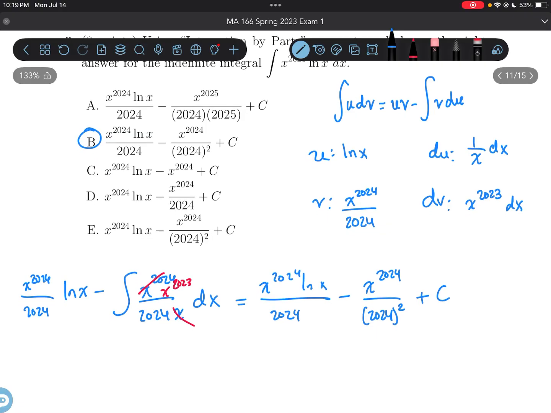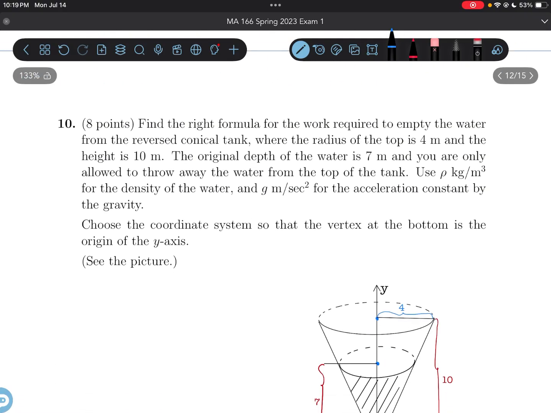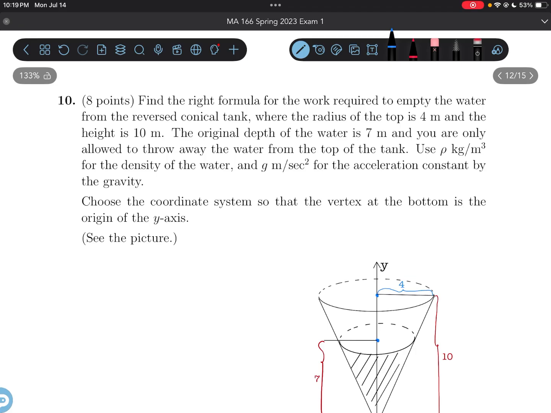Moving on to question 10. Question 10 says, find the right formula for the work required to empty the water tank from the reverse conical tank where the radius of the top is 4 meters and the height is 10. The original depth of the water is 7 and you are only allowed to throw away the water from the top of the tank.